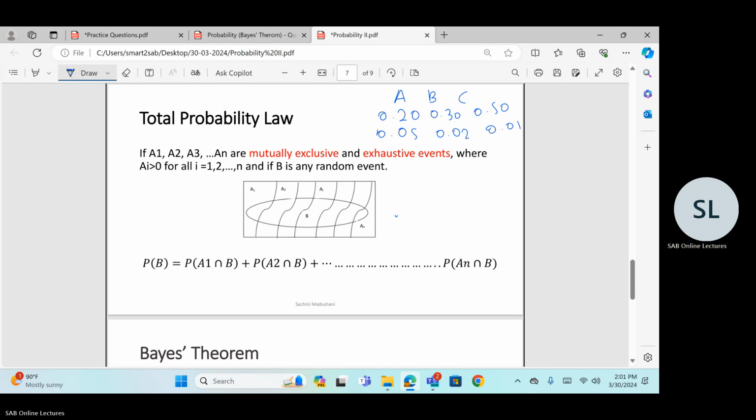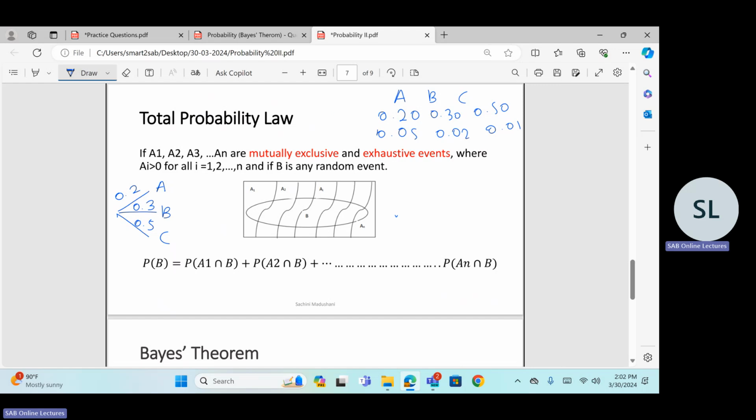You know the tree diagram. First, we have three machines, A, B, and C. What are the probability values? 20%, 30%, 50%.